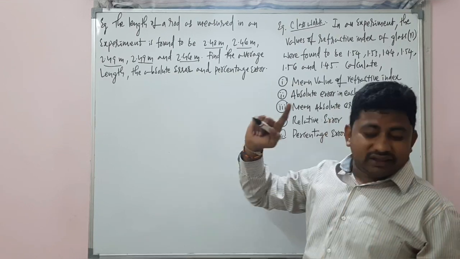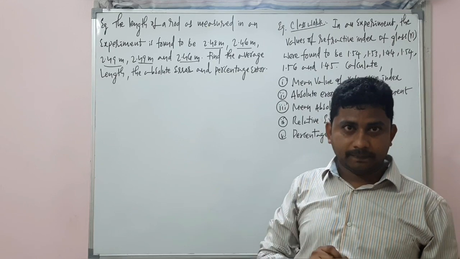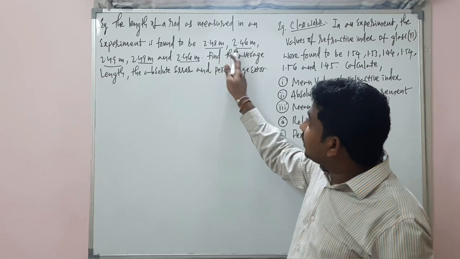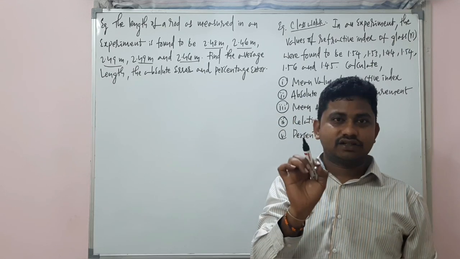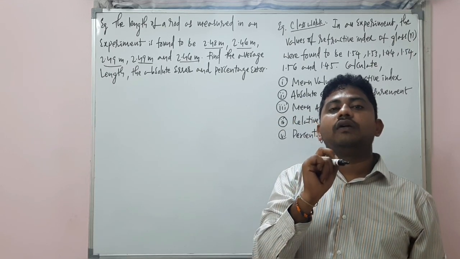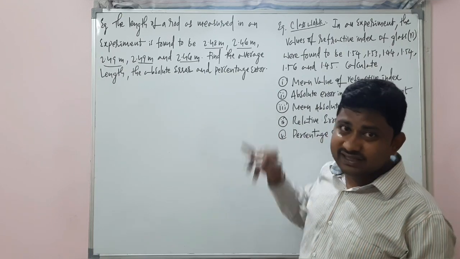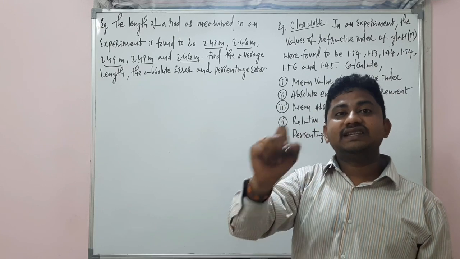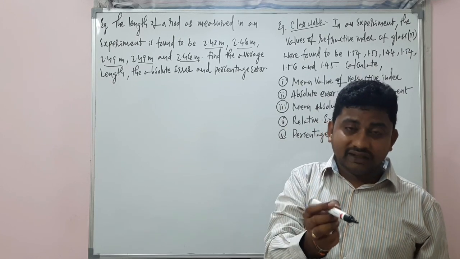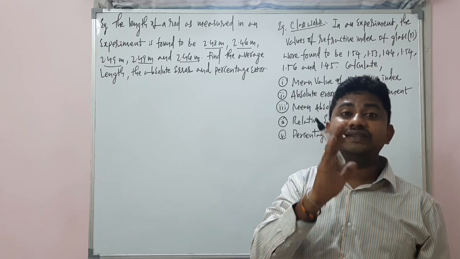There is an instrument they have used. What is its least count? By using this, you can tell its least count. As it is a single instrument with which we measure the length of the rod, the precision is the same. After the decimal point, the number of digits is the same in each and every measurement. That indicates it is the same instrument. Now, what is the least count?